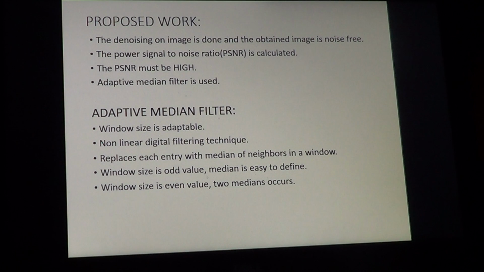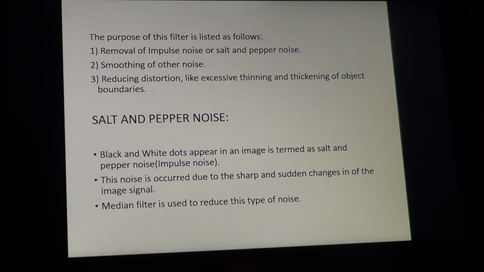The window is taken with odd values, generally 1 cross 1, 3 cross 3, 5 cross 5 and so on, because it is easy to define the median value in an odd number of window values. But if the window size is an even value, then two medians will occur and it will be very difficult to decide on the median value. So we are using the adaptive median filter here.